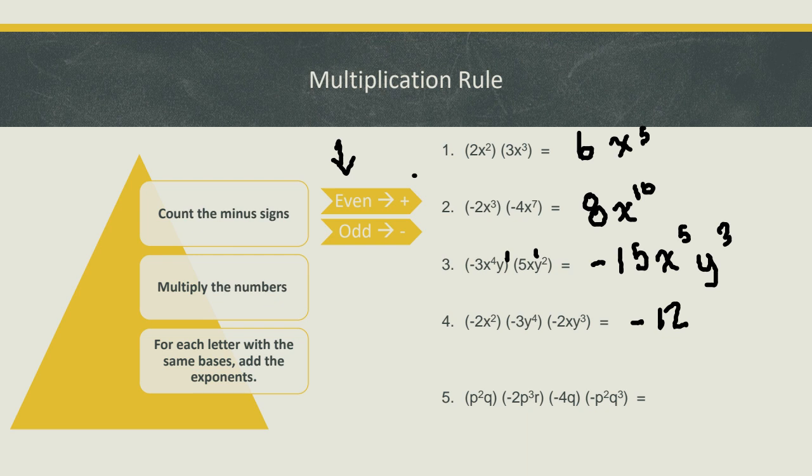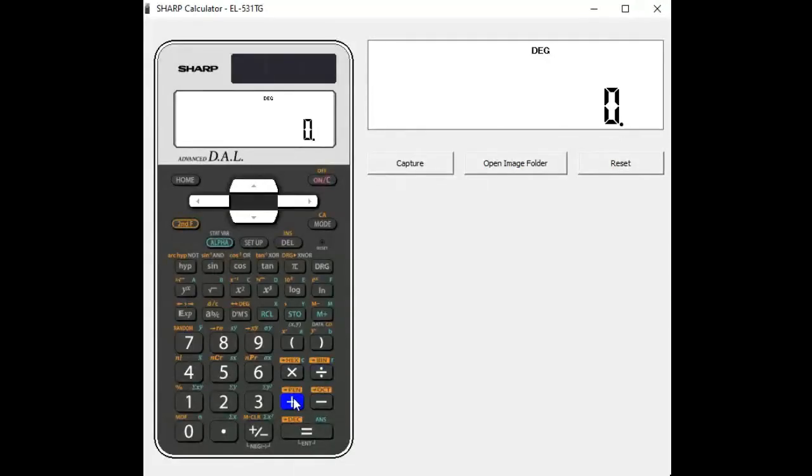If you don't want to memorize these, or if you're in a test situation and you can't remember, you can always pop back to the calculator. Okay, so I have a negative 2 times negative 3 times negative 2.